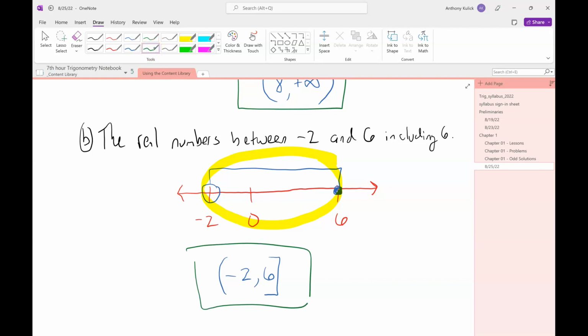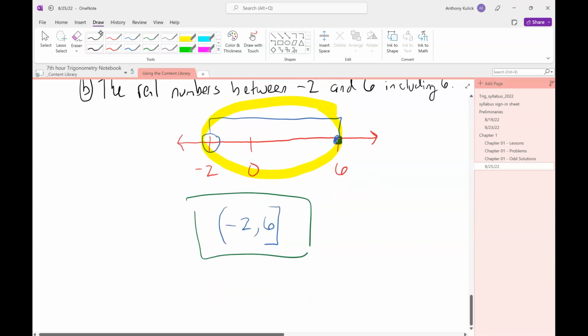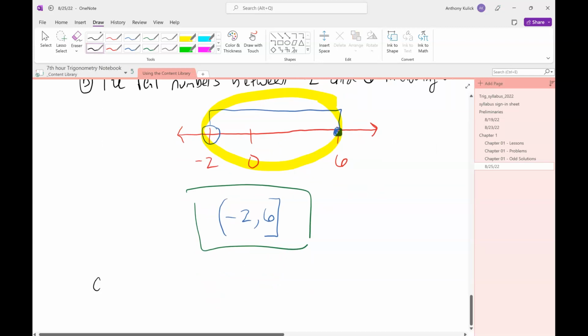So there's my interval. What do you think? It's okay so far? Does this look familiar? I like drawing the number line also. I think that can be quite helpful, especially early on. You guys like that? I'm a visual guy. I think pictures help.